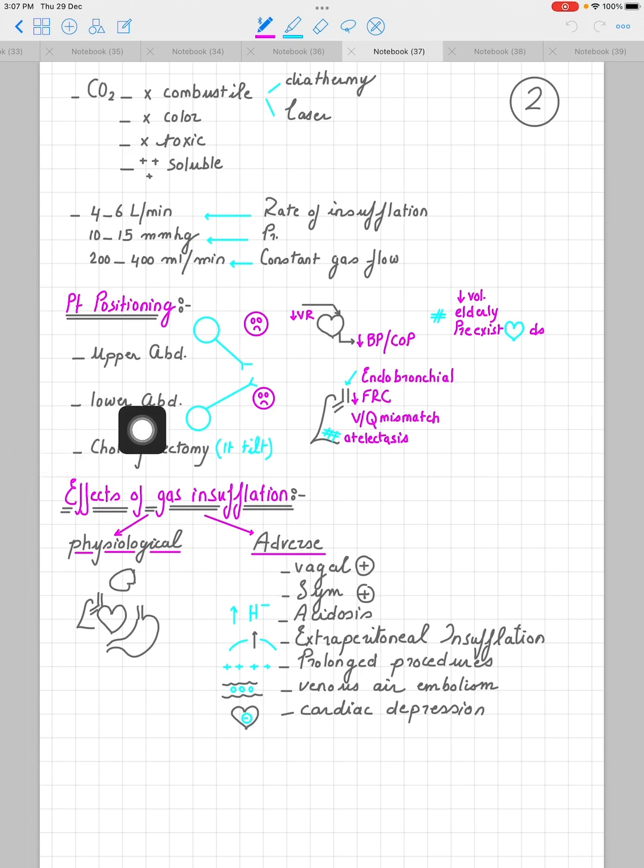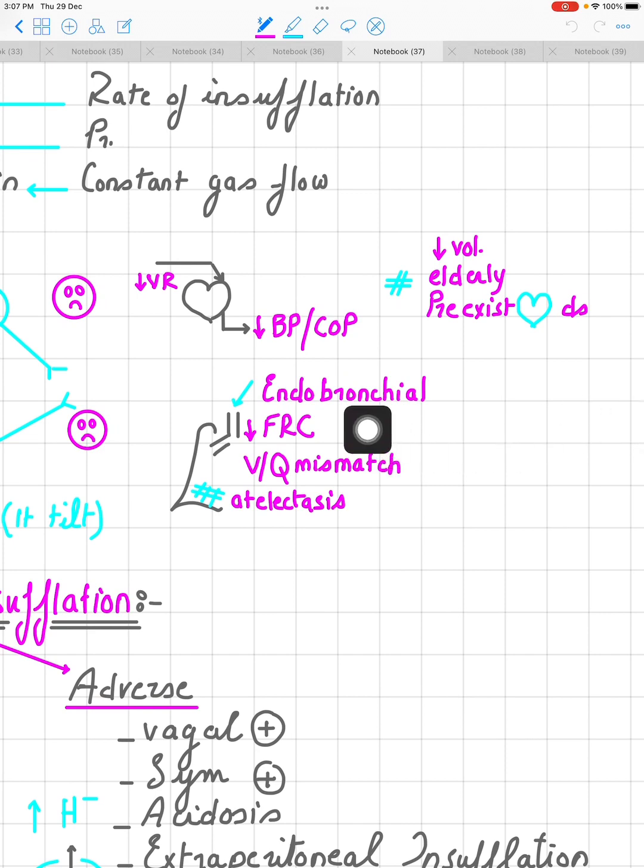Patients placed head down are at greater risk of reduction of the functional residual capacity, ventilation perfusion mismatch, and atelectasis. Also, the cephalad movement of the lungs and carina in relation to a fixed endotracheal tube increases the risk of endobronchial intubation.